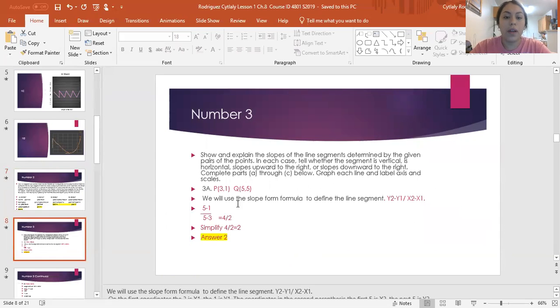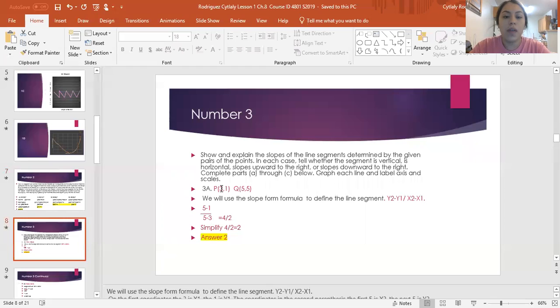Okay, for number 3, it says that we need to show the slopes of a line segment determined by the given pairs of points. So they give us our points, and we have to find how to find the slope. So here we have the formula y2 minus y1 divided by x2 minus x1.